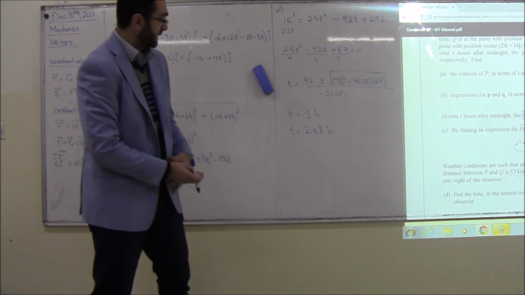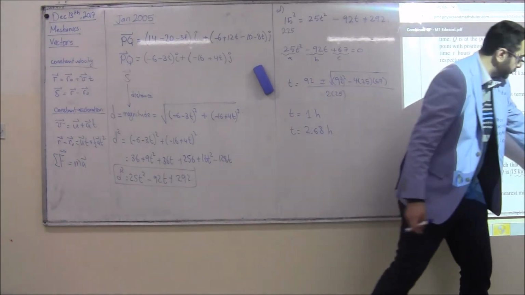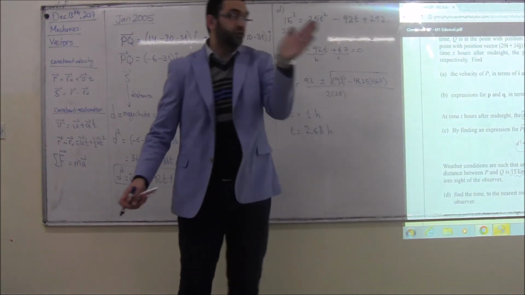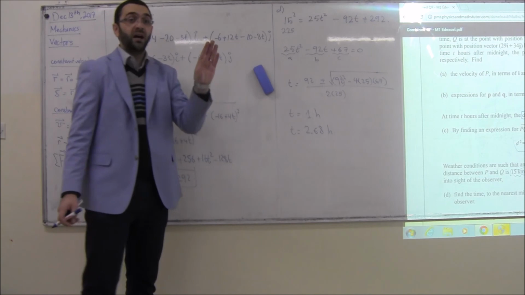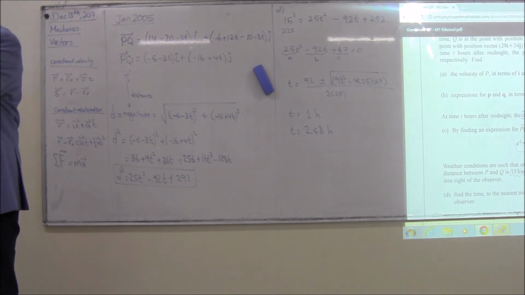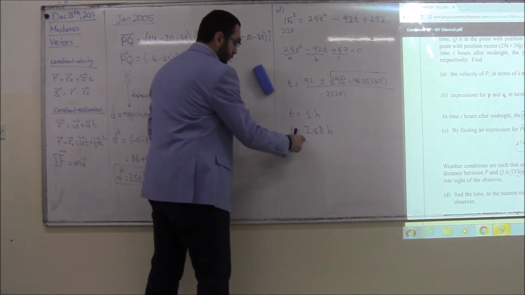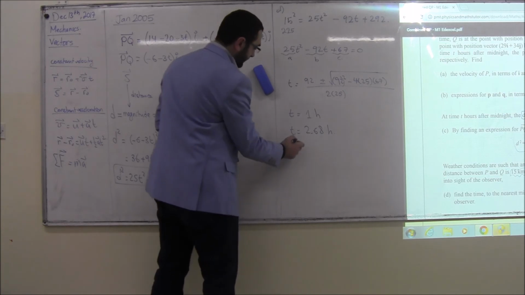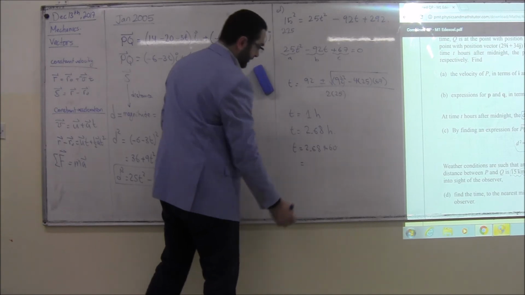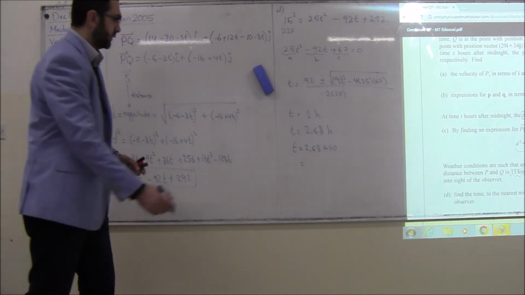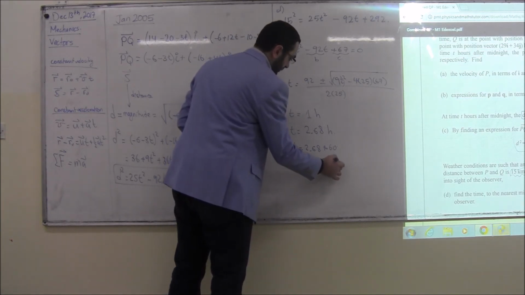The value 1 is given in the question: when t equals 1, the lights on Q move into the sight of the observer. After 2.68, the lights will be outside the observer's sight of P. To convert this to minutes, 2.68 times 60 is 160.8, which is 161 minutes.